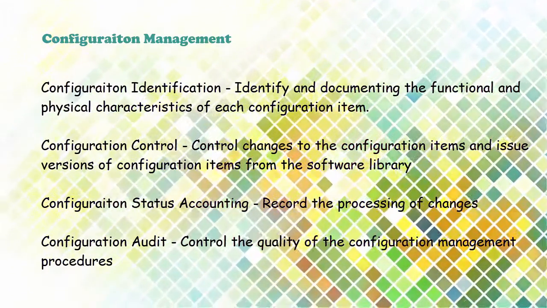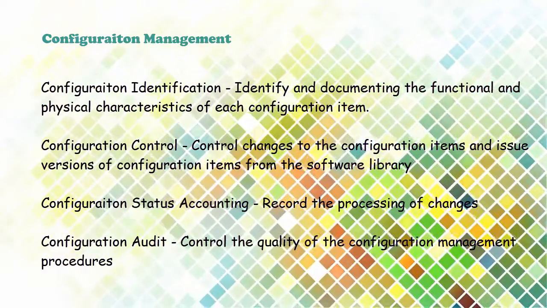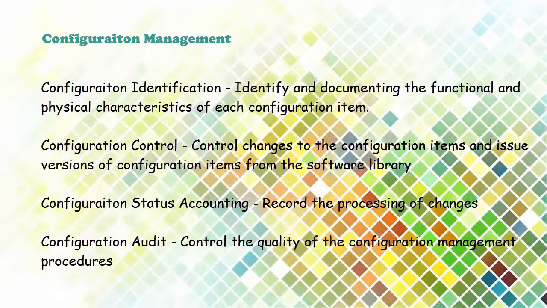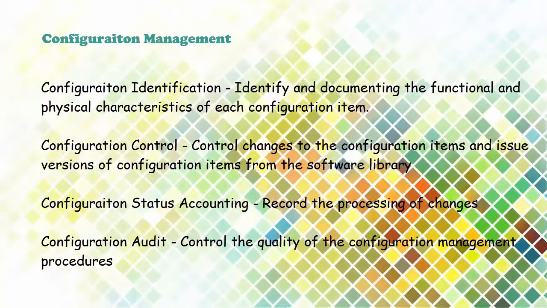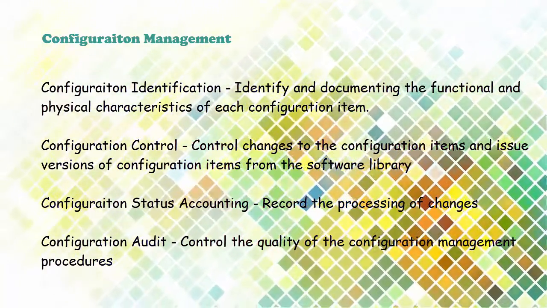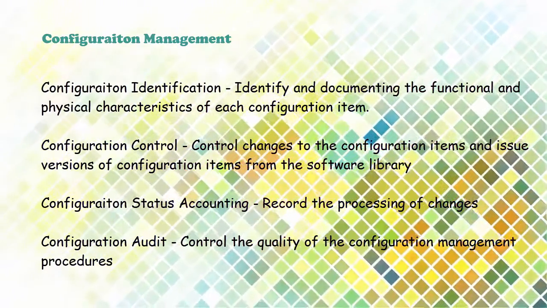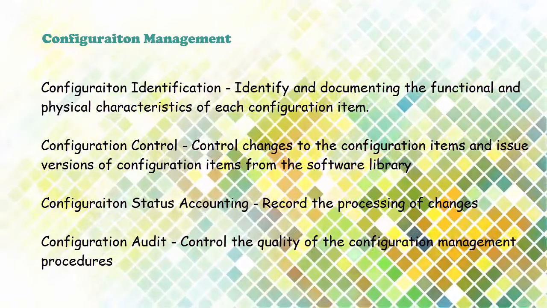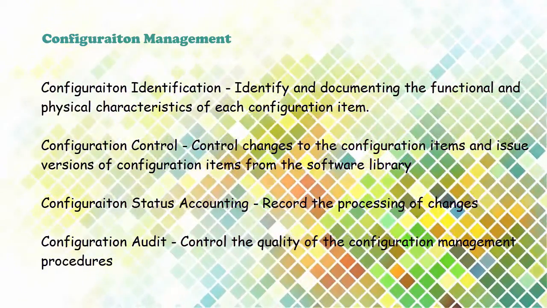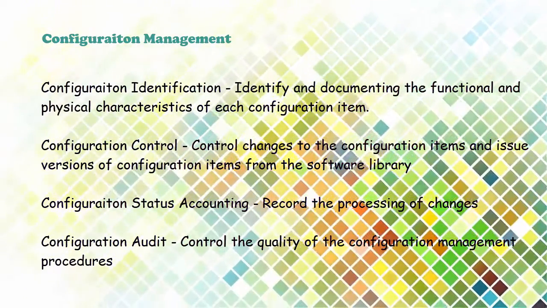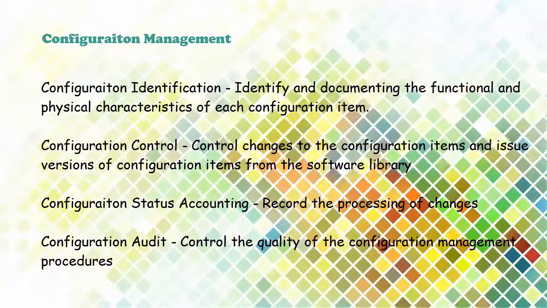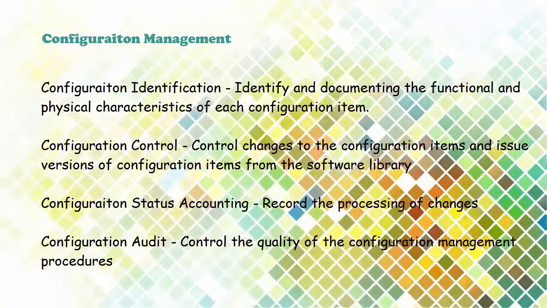The third procedure is configuration status accounting. So this is basically to record the processing of changes. And the last procedure is configuration audit, which is to control the quality of the configuration management procedures.